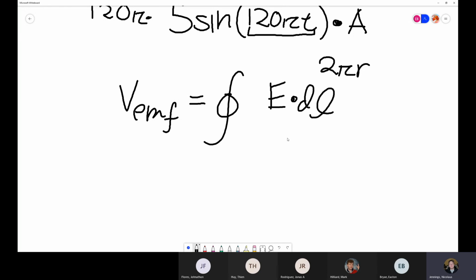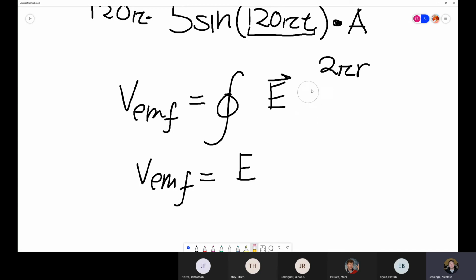Then what we do here is we get VEMF equal to E. I should have put the time harmonic, excuse me, E of t right here for completeness. And then we have this E of t, and then 10 pi.